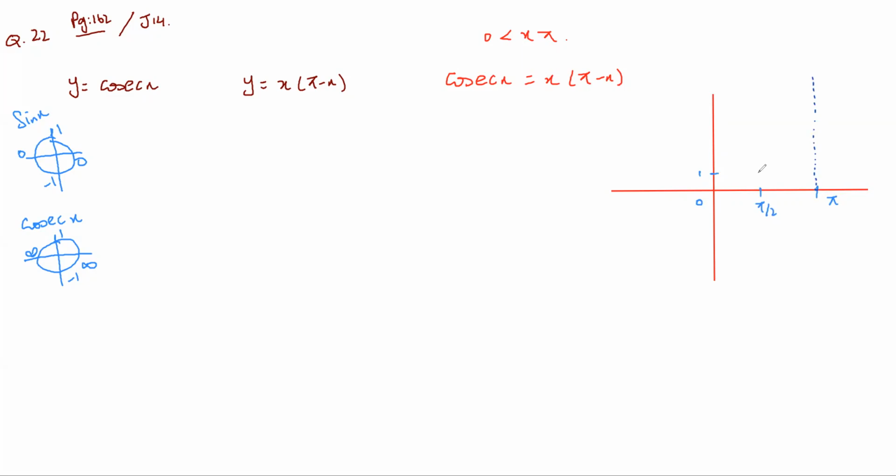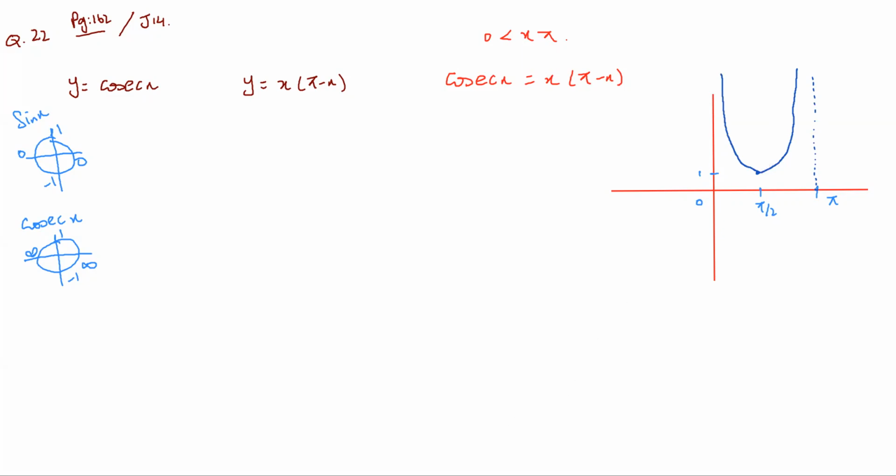So this is cosecant 90 or pi by 2, and this is coming from infinity and then going back to infinity. That is how you have this cosecant x graph.